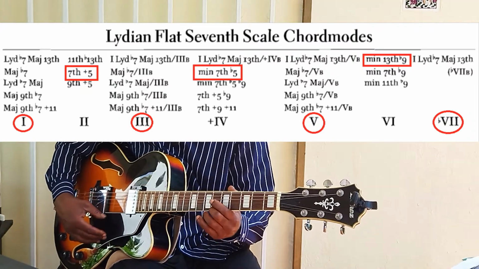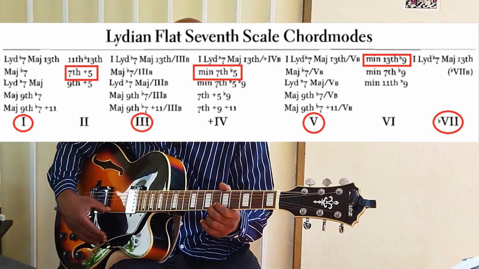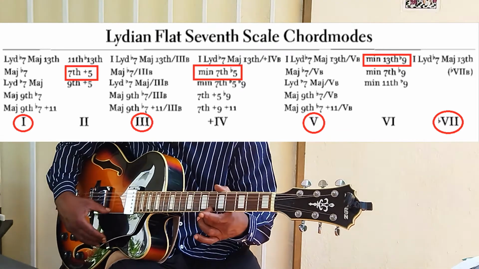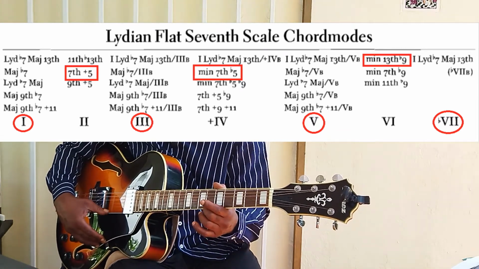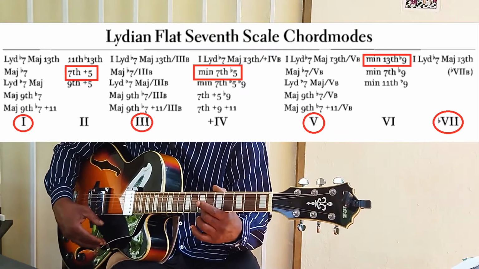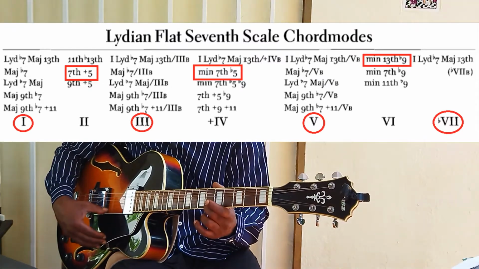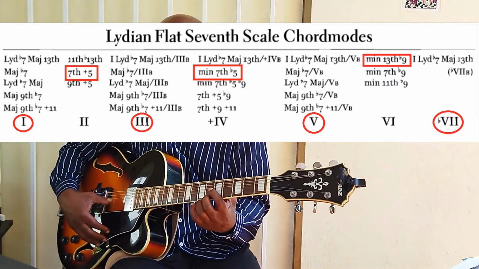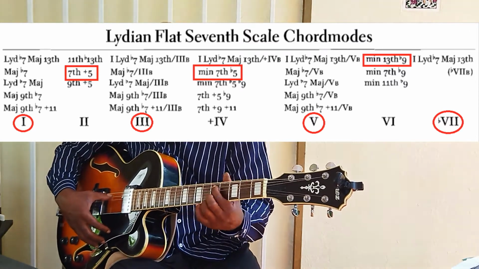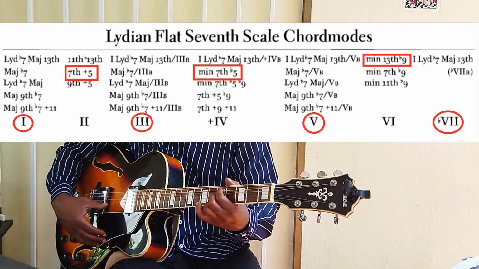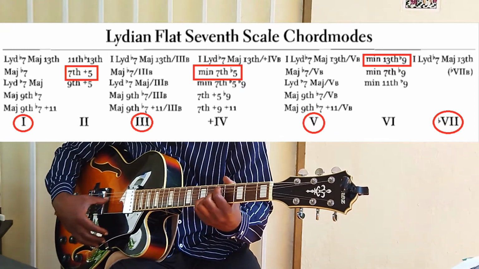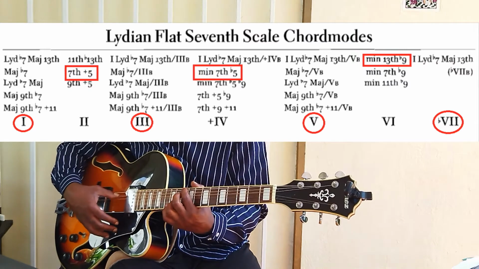Because the note B flat, each mode introduces a tone. So the Lydian Flat 7, the star note is the B flat. On any chord you play, you pull the B flat, if you want, and you'll see that it sounds in harmony. So the second chord will be 7 sharp 5, which is also here.